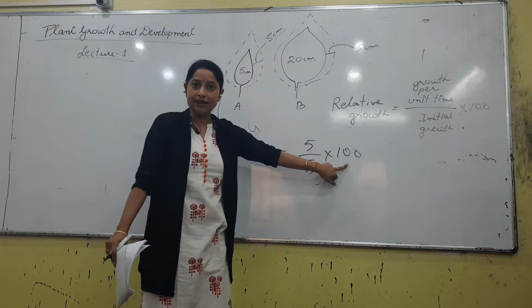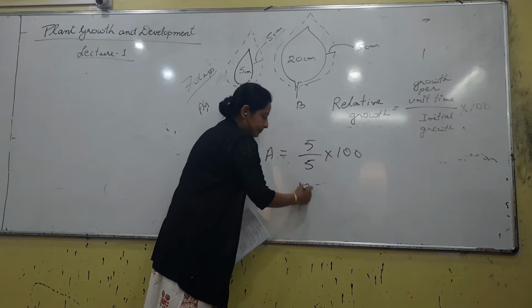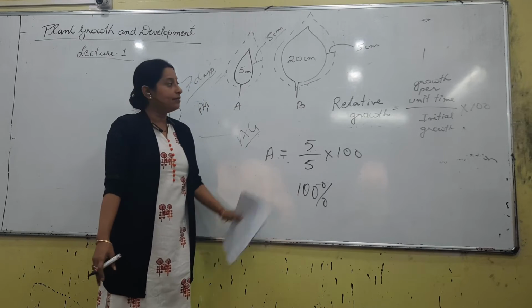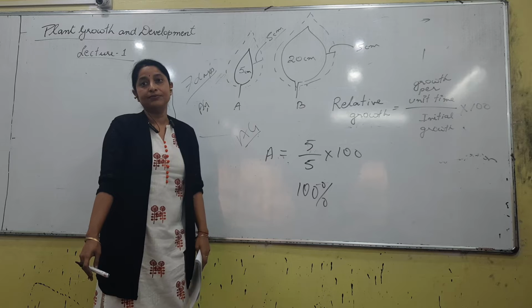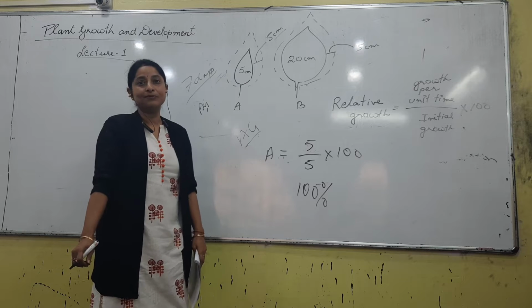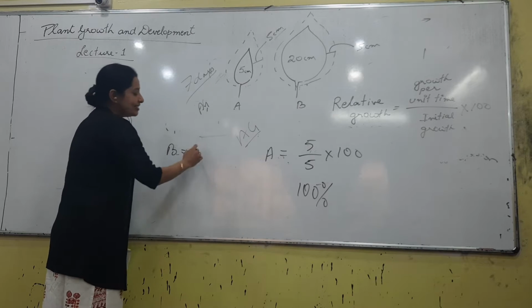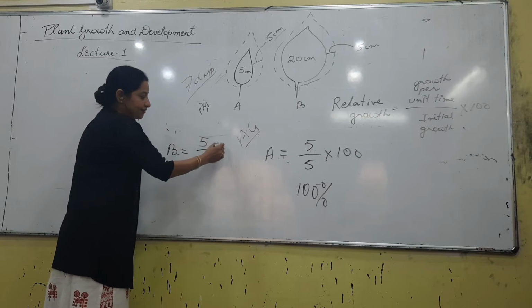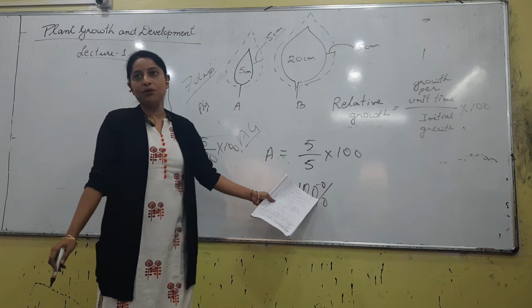Into 100. So the relative growth of A would be 100%, right? But if you calculate the relative growth of B, it will be 25, right? Because if you count B, what will it be? Initial was 20, growth was 5, so obviously it will not be 100, right?